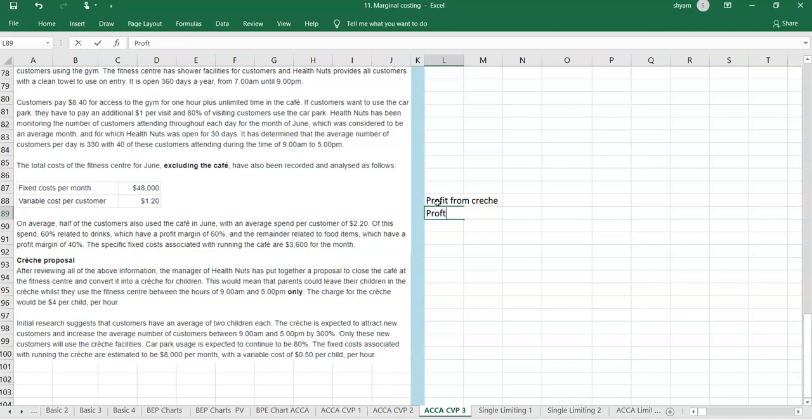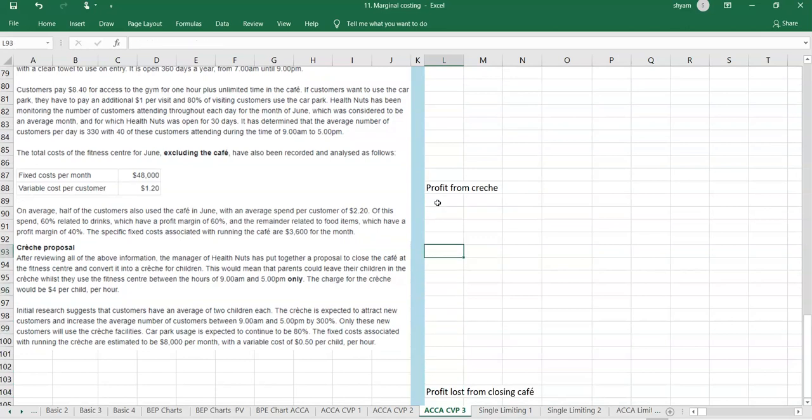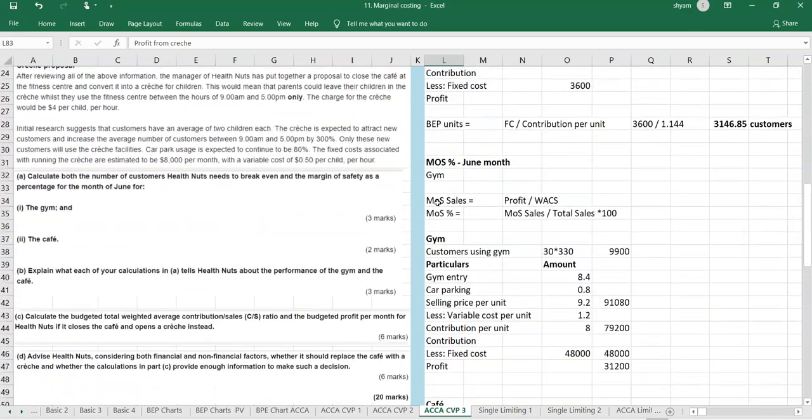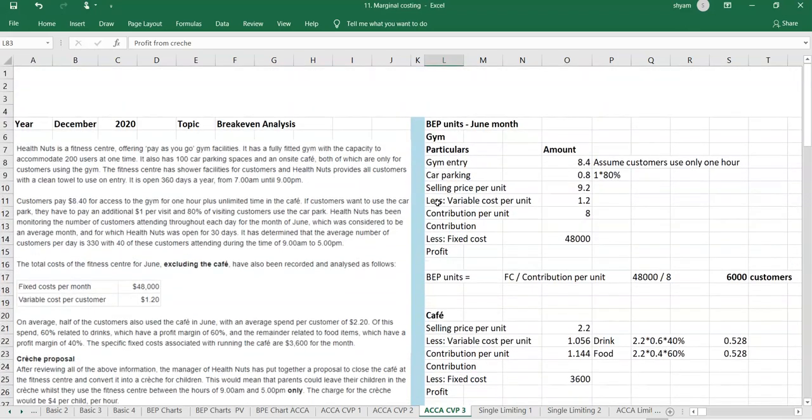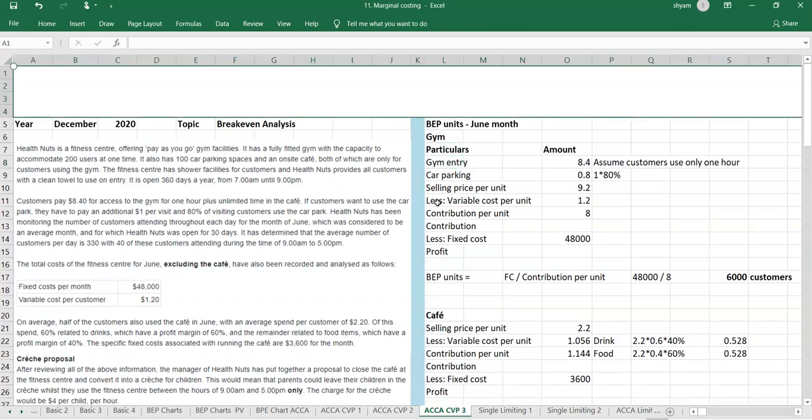Then we'll find out the profit lost from closing the cafe. So we'll work out two parts and then think about how to go further. To work this out, we need a lot of information, and that information comes from these two areas.